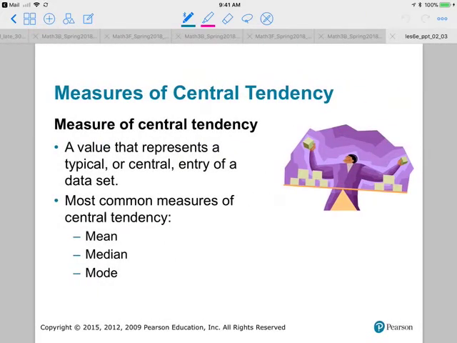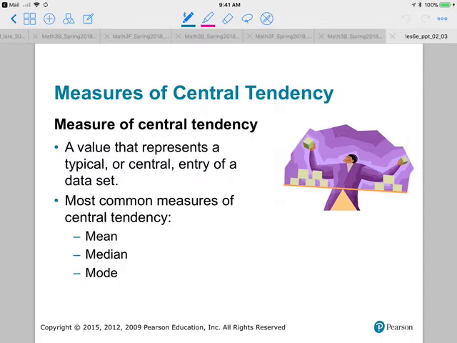Okay, so we kind of touched on this before, but what do we mean by measures of central tendency? Here's the key thing. Ask yourself, what is one value that represents your entire data set? That's what you would call the center.